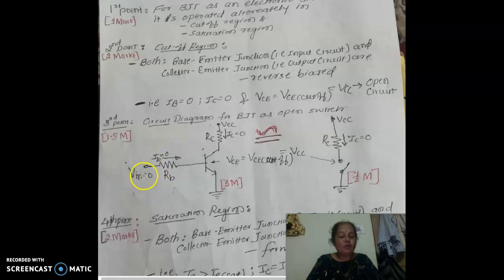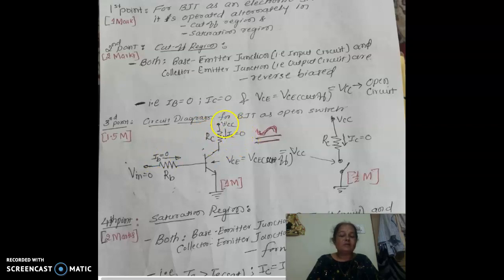To make it operate in the cutoff region, we feed the input voltage as 0. Due to that, IB will also be 0. At the output, to the collector, we connect VCC through a resistor RC, that is, the collector resistance. If IB is 0, IC is also 0.